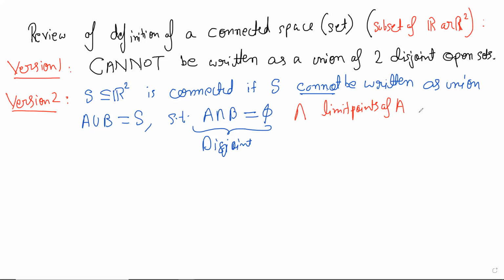So the limit points of A intersection B is empty, and symmetrically the limit points of B have nothing to do with A.